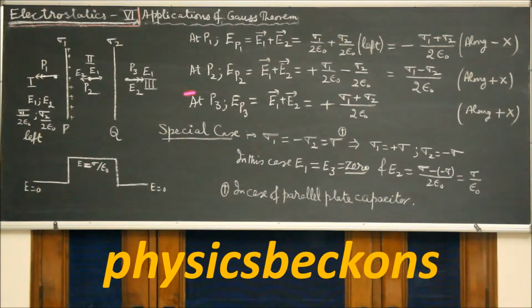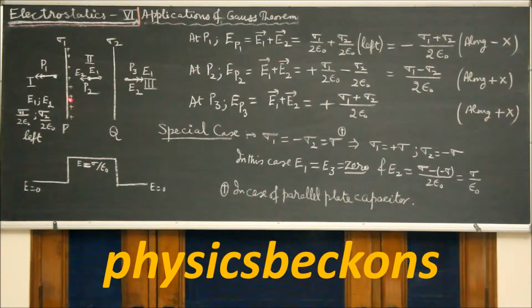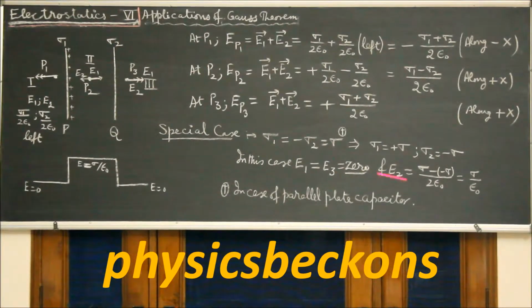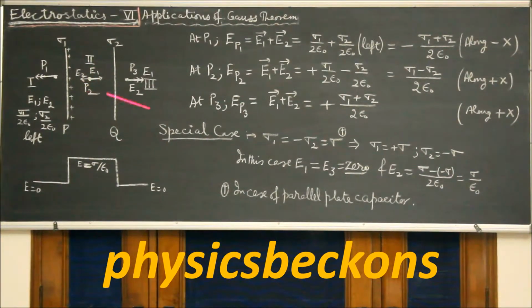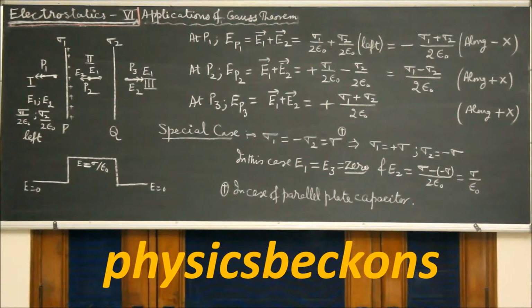Here we can use this method in order to produce a uniform electric field in a certain region, that is inside the plates of a parallel plate capacitor. The field will remain uniform given by sigma over epsilon naught.